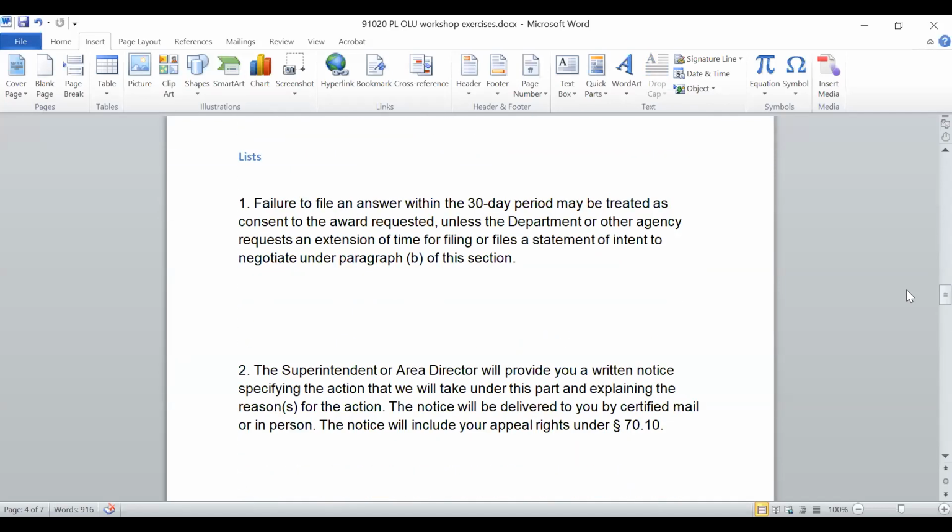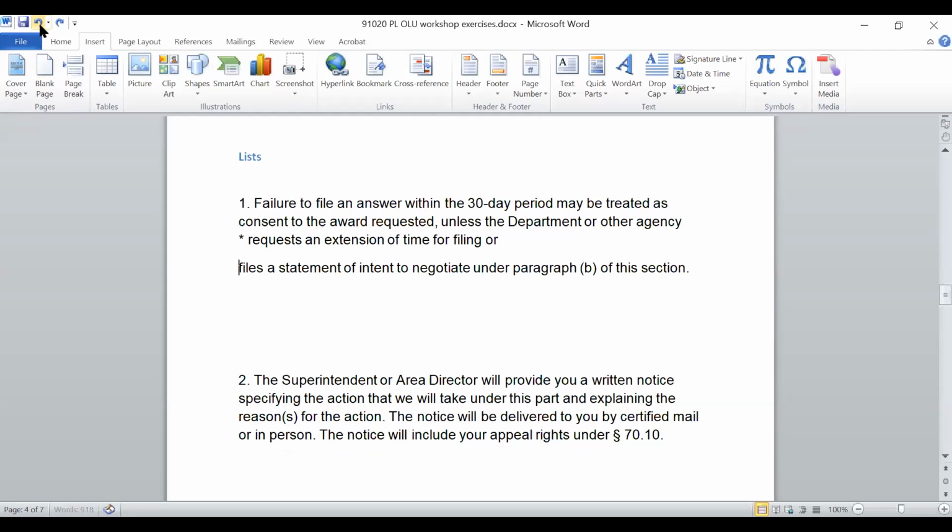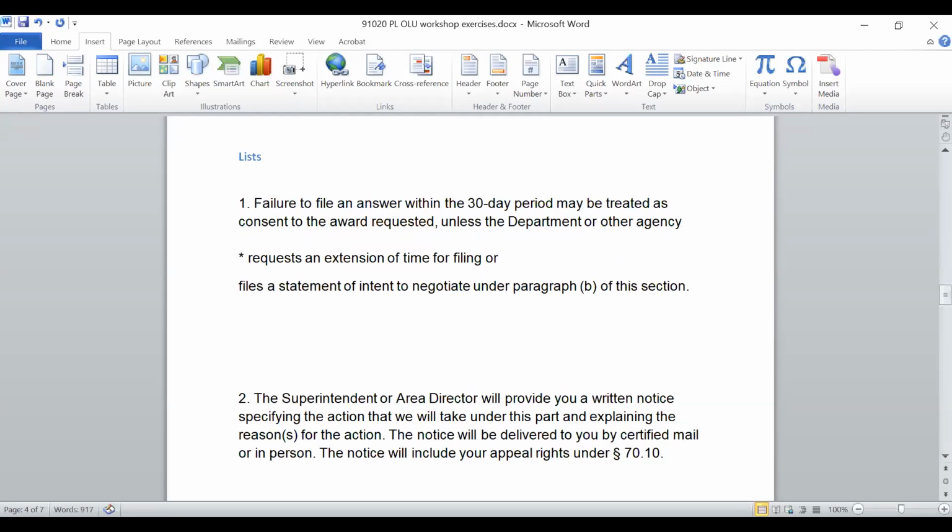Here are some more lists. Failure to file an answer within the 30-day period may be treated as consent to the award requested unless the department or other agency requests an extension of time for filing, or files a statement.